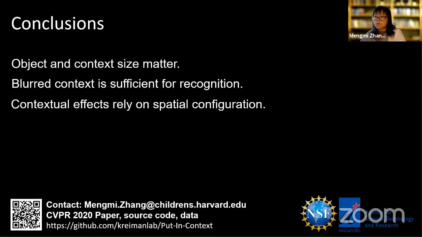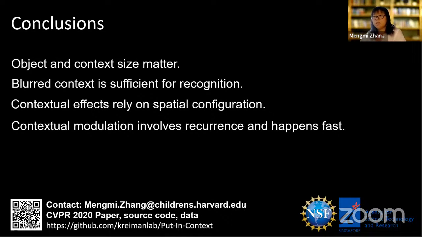We conducted a series of psychophysics experiments to quantify human recognition accuracy, and we proposed a biologically plausible context-aware object recognition model. Across a wide range of behavioral tasks, the model approximates human-level performance without retraining for each task.